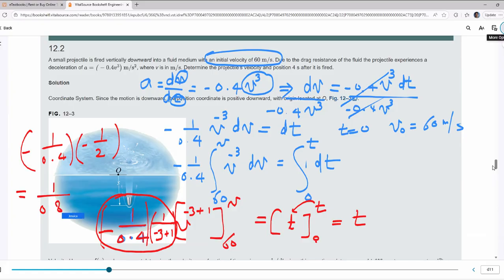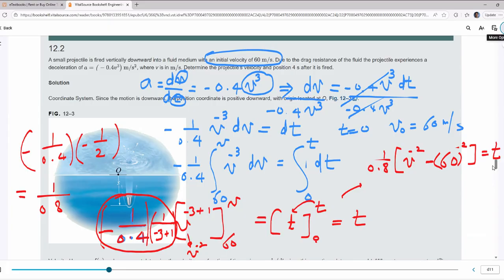So the left-hand side is then 1 over 0.8, positive. Upper limit v to the negative 3 plus 1, that is v to the negative 2. Subtract the initial value 60 to the negative 2. That equals t.